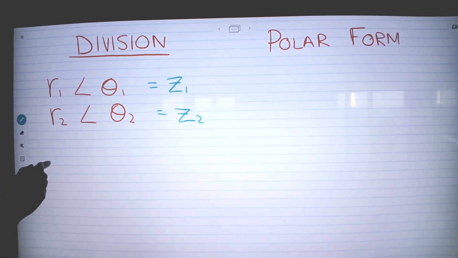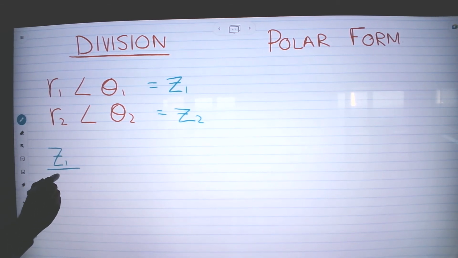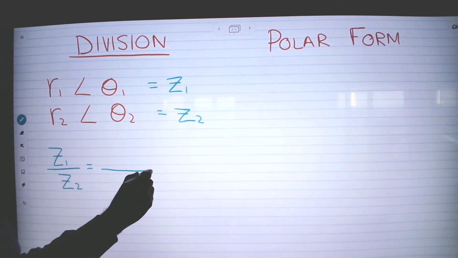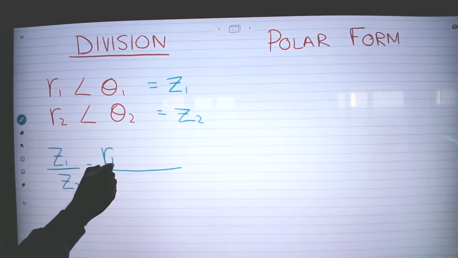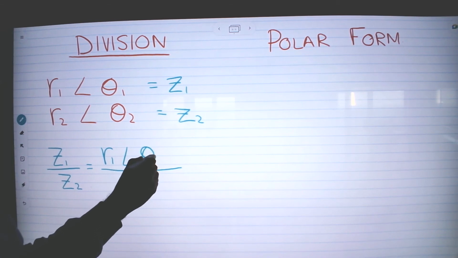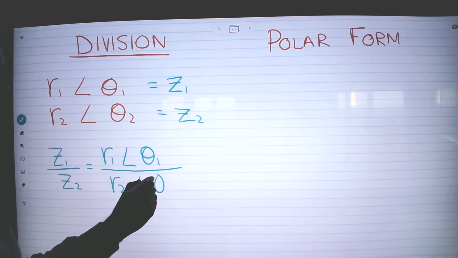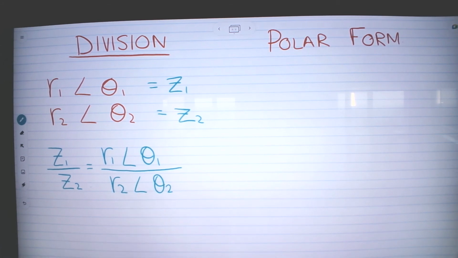If I want to find z1 over z2, it's r1 angle theta 1 over r2 angle theta 2.